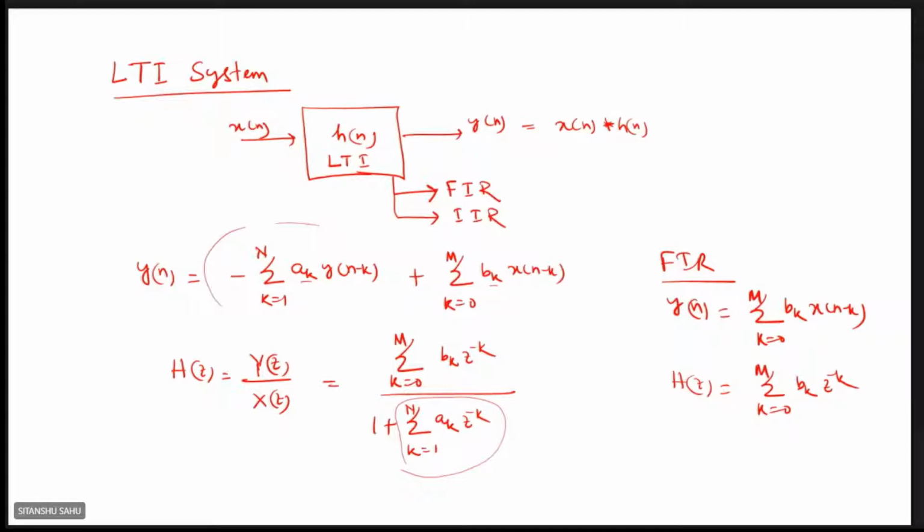Yes, sir. Okay. Yeah, this is in the time domain basically, and this is in the Z domain, right? So how do you represent this FIR system? If I represent the output of an FIR system, any kind of LTI system in terms of FIR, I will write it separately.